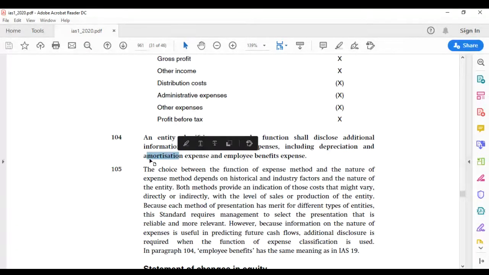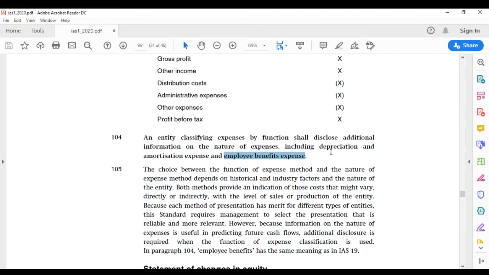Amortization expense, employee benefits expense. But then if you are using the function method, you're not going to show the nature on the face of your statement of comprehensive income. If you can make a note, ladies and gentlemen, that is where your profit before tax note comes in, right?